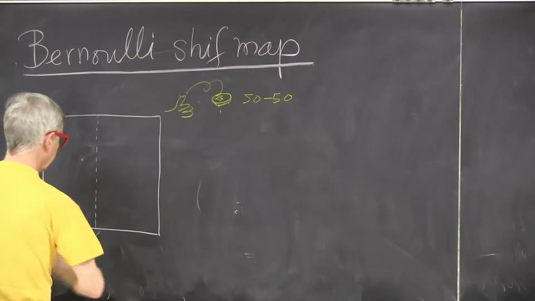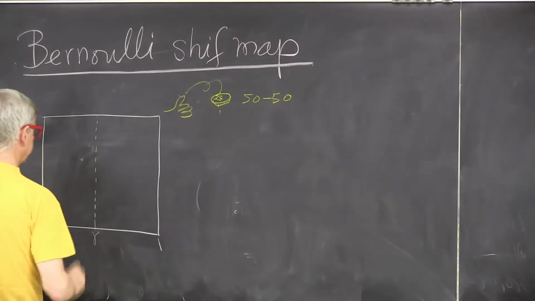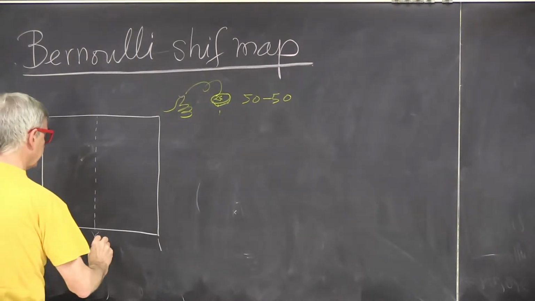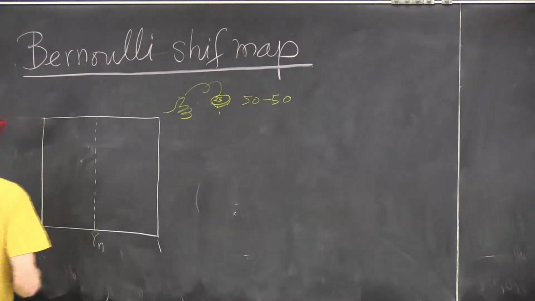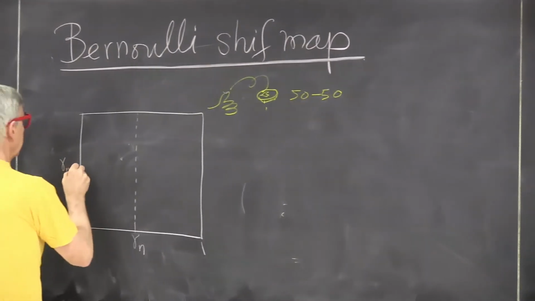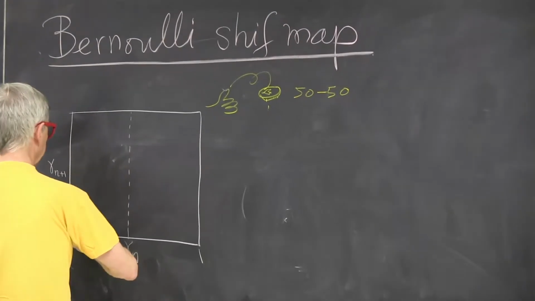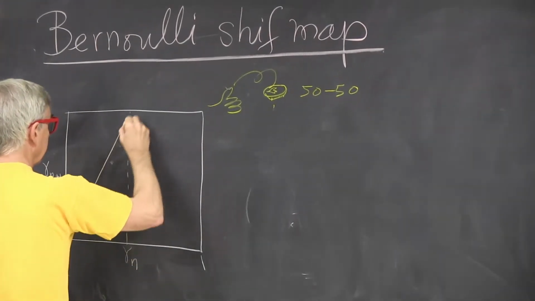We'll call this axis gamma, between 0 and 1, at time n. And at time n plus 1, if the outcome is on the left-hand side, you get stretched over the whole interval.